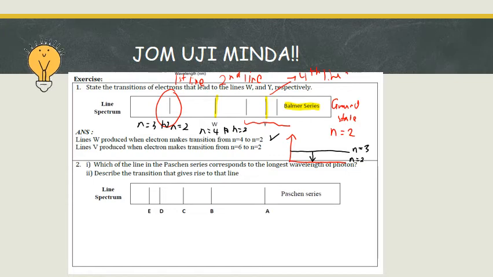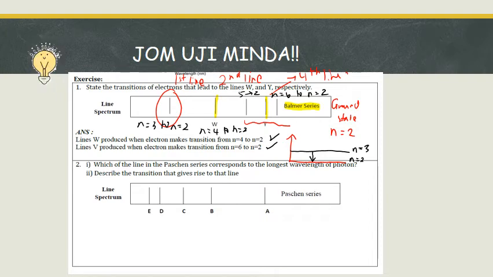Line W is produced when electron makes transition from n equals 4 to n equals 2. Next line Y: this one is n equals 4 to 2, this must be 5 to 2, so Y must be n equals 6 to n equals 2. So this is the answer.